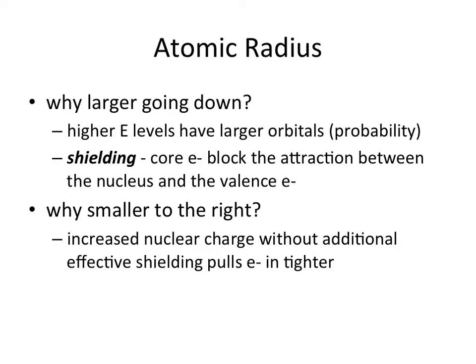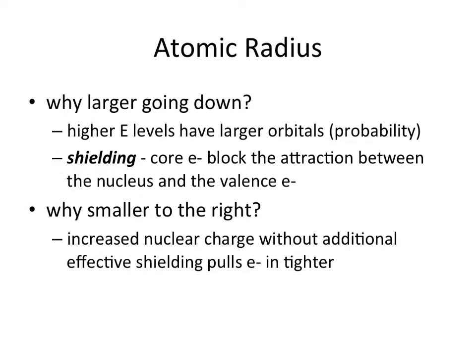Okay, so why are they getting larger? Why are the atomic radii getting larger as you go down the periodic table? Okay, well, the reality of it is as you go down the table, you added a bunch of electrons, and you've added them into different orbital layers with different principal quantum numbers. So basically, as you add more layers, as you have a larger principal quantum number, the probability of electrons residing farther from the nucleus increases.